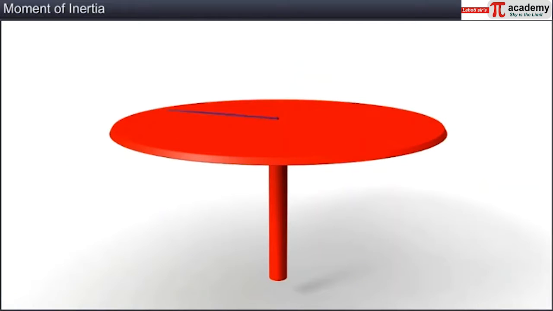Let's observe a rotating platform. We see that when a small weight is placed at one end of the platform, its angular speed of rotation decreases. If one more identical weight is placed on it, the angular speed decreases further.